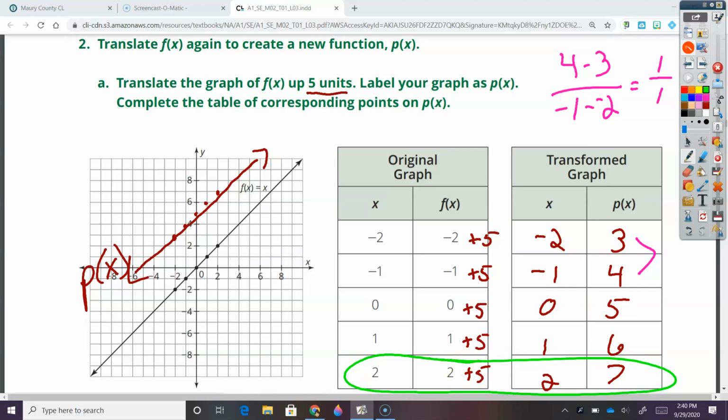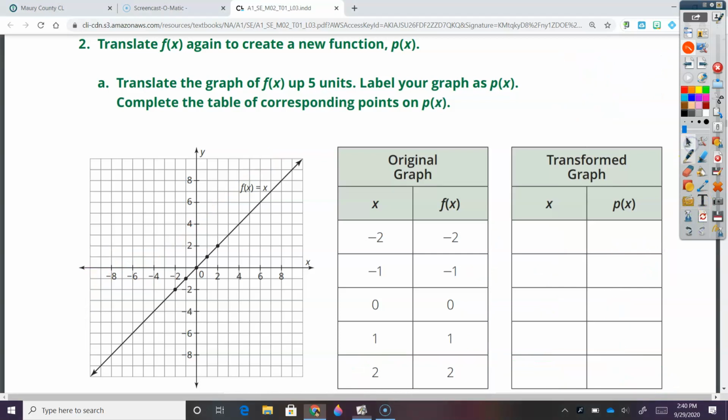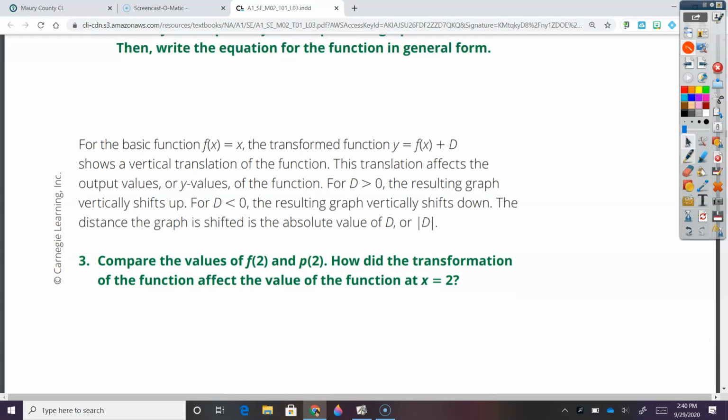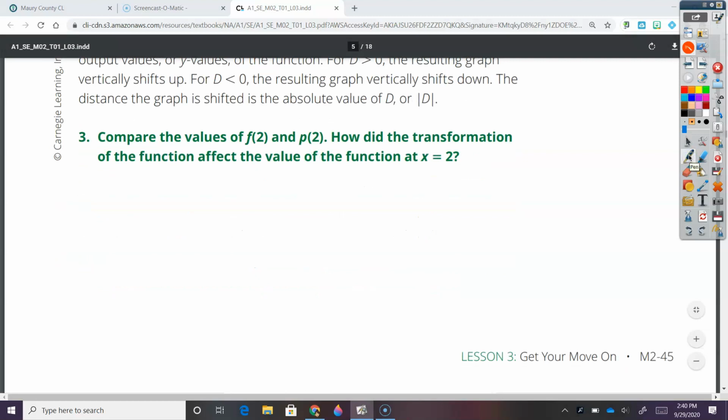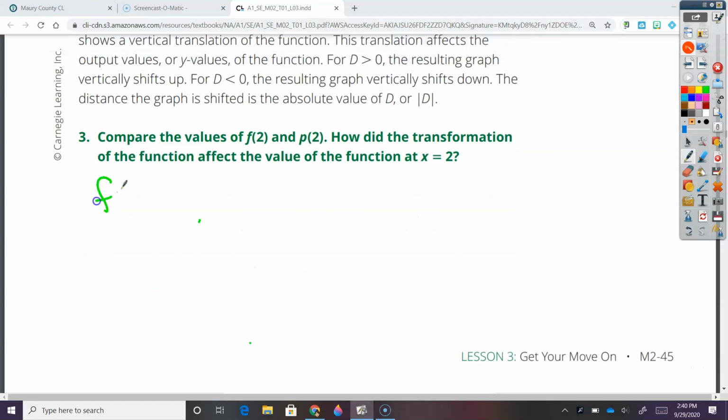For the transformed graph, we had (2, 7). So we increased by 5. When we had f(2), it equals 2. When we had p(2), it equals 7. The vertical translation increased the value of the function at x equals 2.